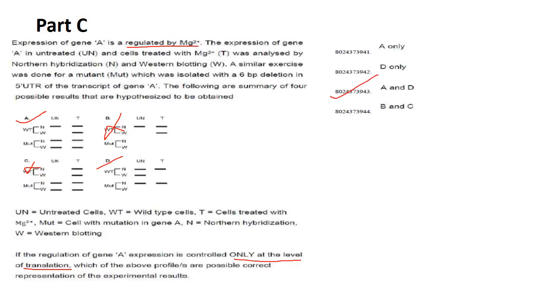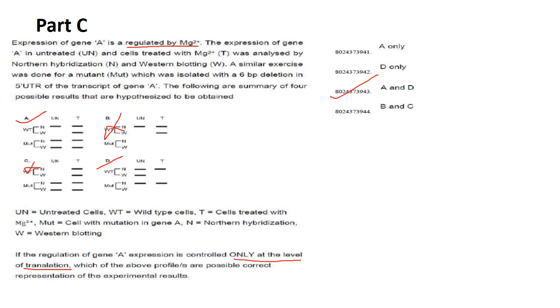Then next one. Expression of a gene A is regulated by Mg2 positive. They have just told it is regulated by Mg2 positive. The expression of gene A in the untreated cells and cells treated with Mg2 positive was analyzed by northern hybridization, which is also called northern blotting, and western blotting.